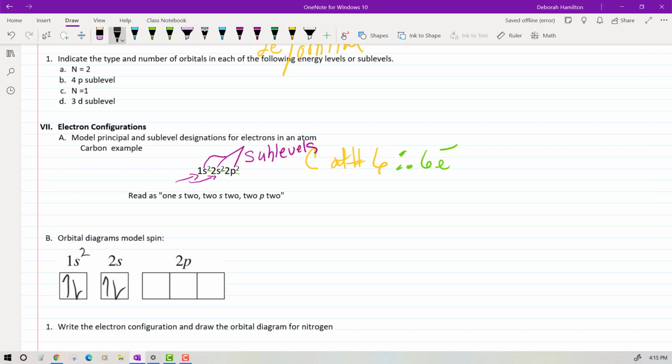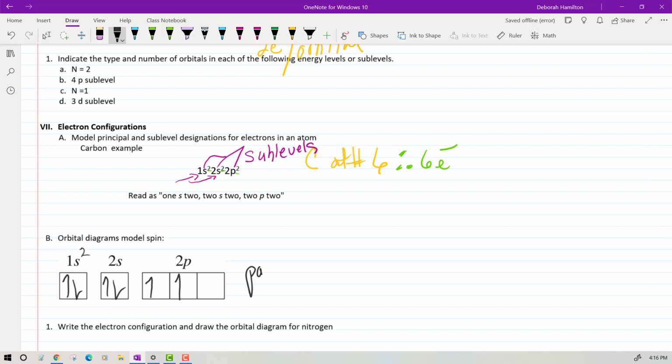The P sublevel has 2 more electrons. These electrons get distributed across the orbitals before you go back and pair them up. That means when we distribute these electrons, you put 1 in the first box and 1 in the second box, and they will have what's called parallel spin.